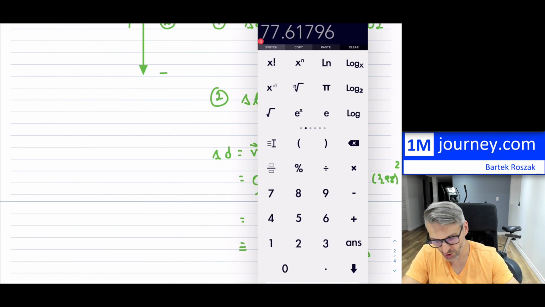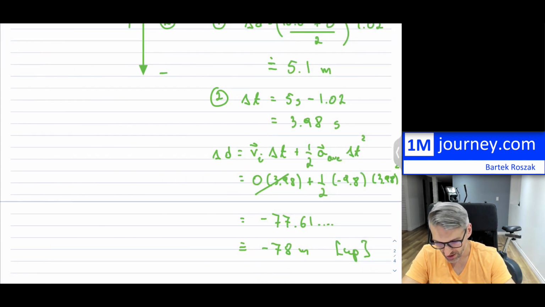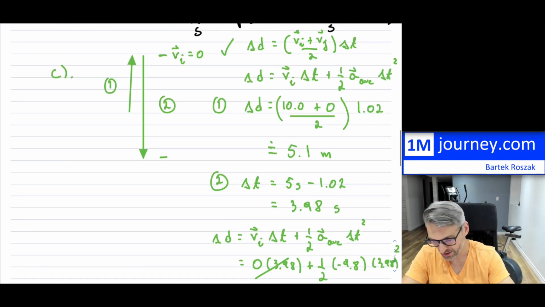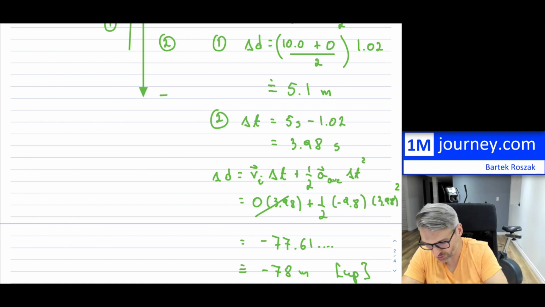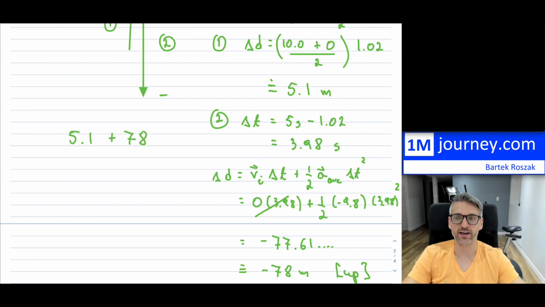So if you wanted to know what the total distance was, well, this was 5.1 meters as it went up, so that's 5.1, and then it came down 78 meters, so my total would have been 5.1 plus the 78 meters that you have in there. That's the total distance covered.